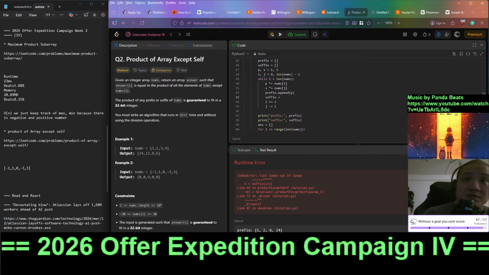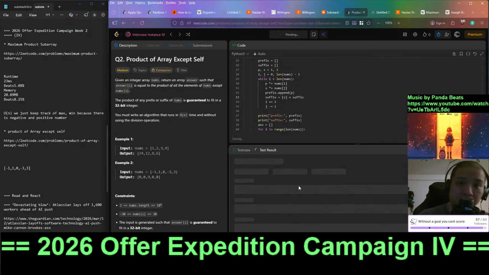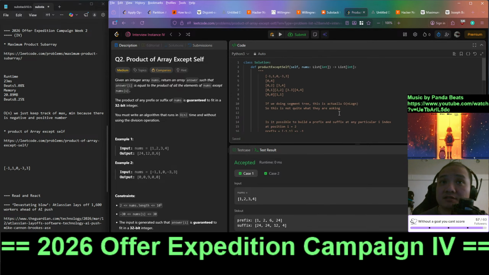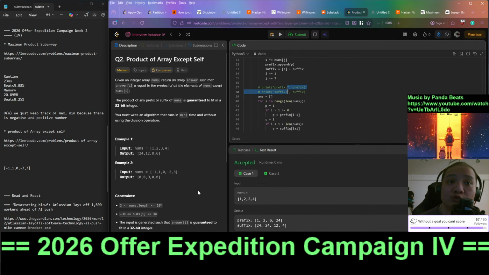So it's gonna be s plus suffix. I think that's it. But we need to see if we can do a solution with O(1).